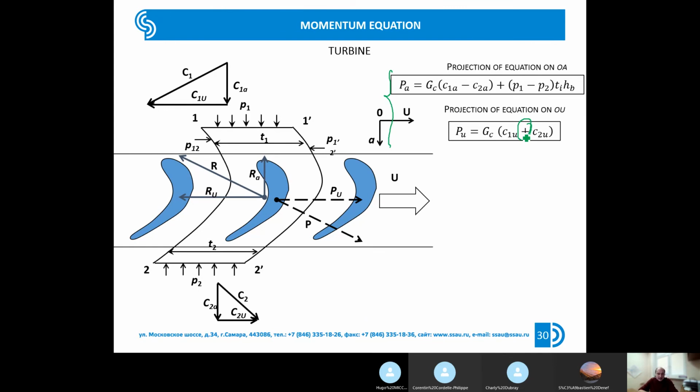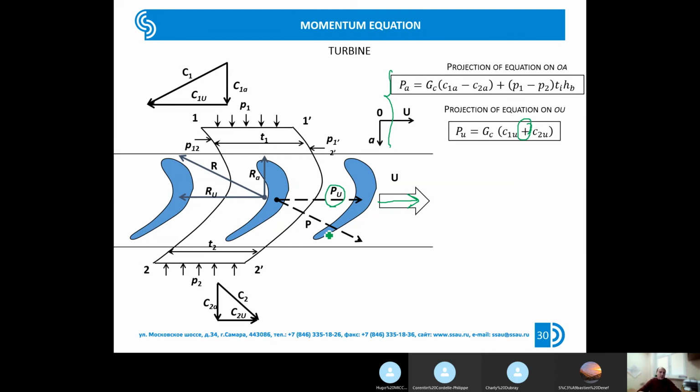And let's analyze the forces, the flow movement, and the direction of rotation at the turbine. The direction of rotation of the turbine is to the right. Looking at the blades, we see that force RU has the same direction as the direction of rotation.